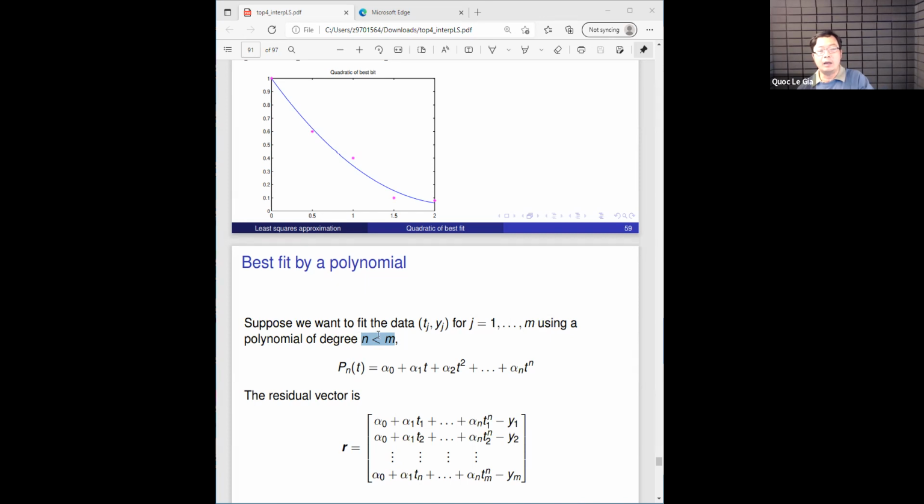But when n equals m, then you have an ambiguous solution. Another way to say that is you have infinitely many solutions. So that's why you have to assume that n is strictly less than m.